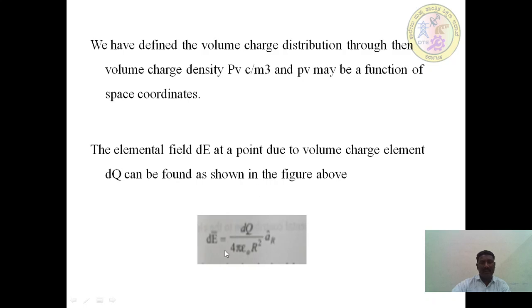Then you can write dE equal to dq divided by 4 pi epsilon naught r square into vector ar.